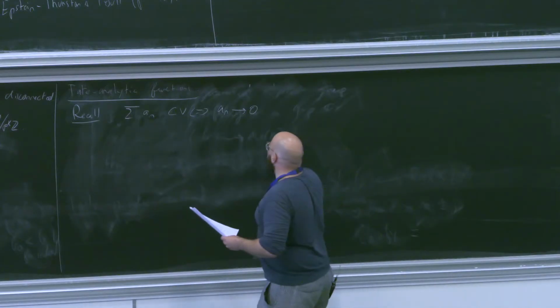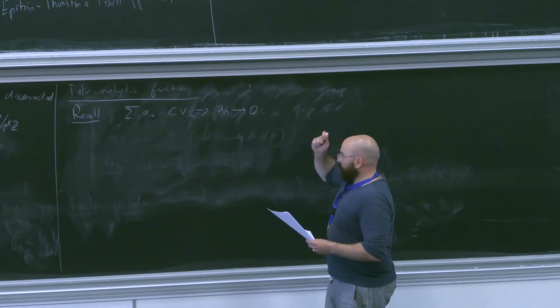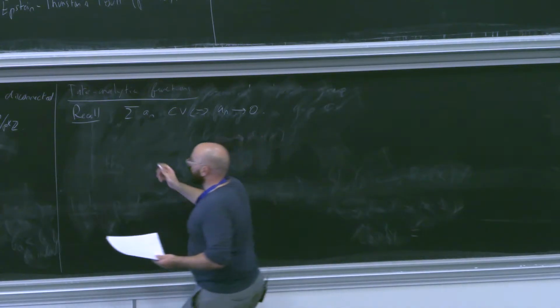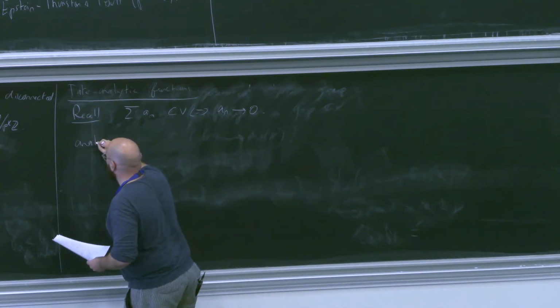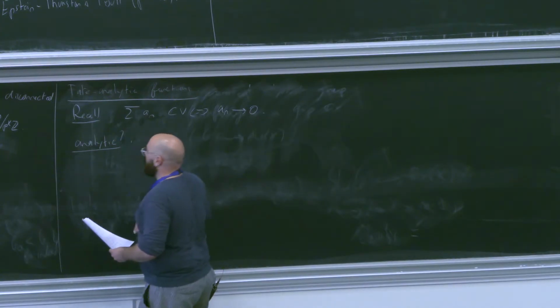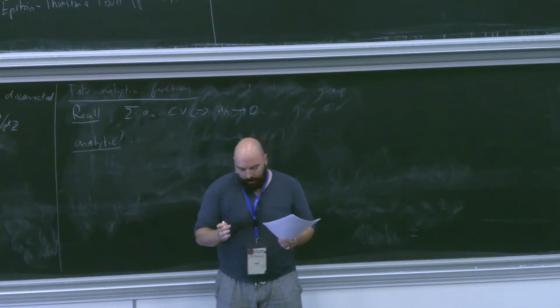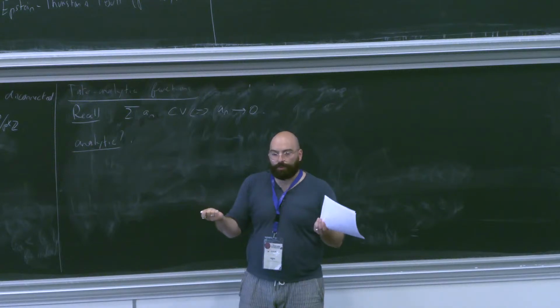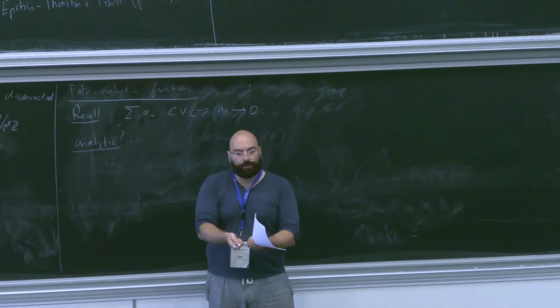Okay, so first I want to ask, what is an analytic function? If you look at the definition over C or R, it's a function which is continuous and locally given by a converging power series.